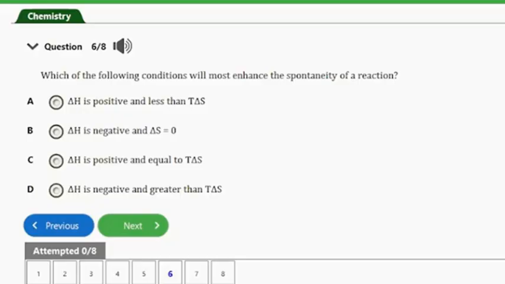And we know why. This is because for this option D, at every situation, delta G is going to be negative. If these two are negative, it means that for all situations, delta G is going to be negative, because you have a negative value minus another negative value, and it will always give you a negative value all through.